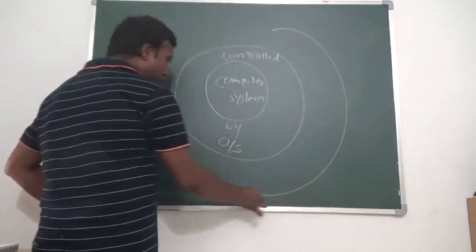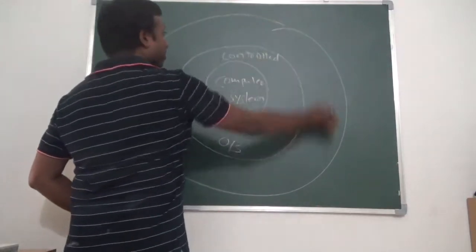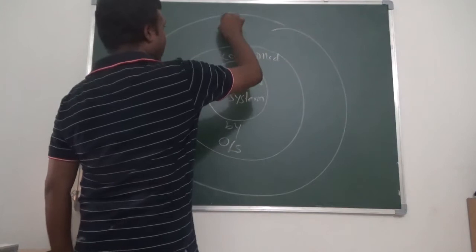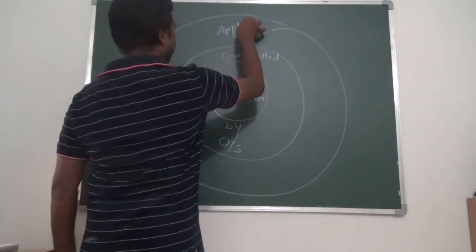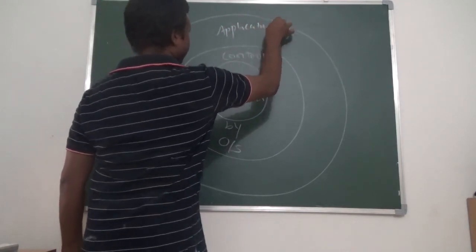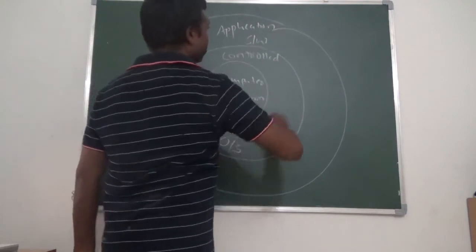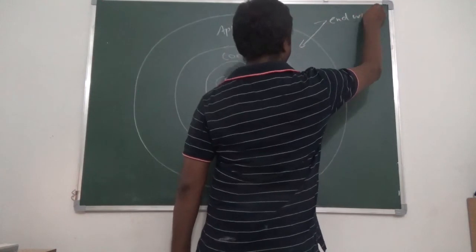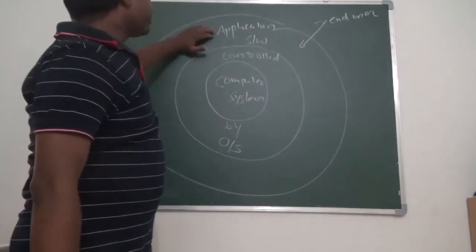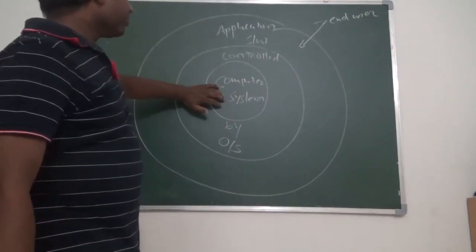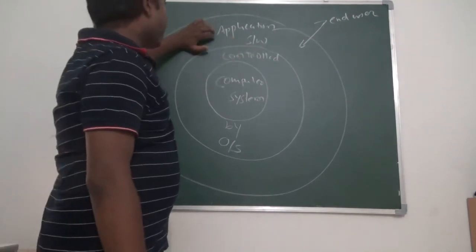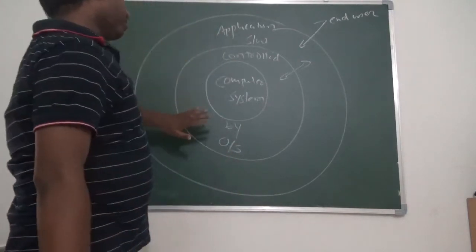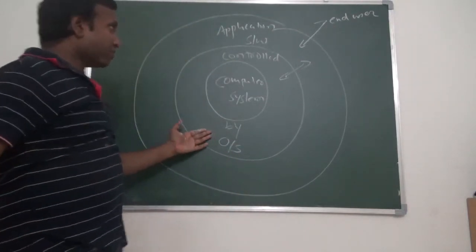So on the top of this, we have application software through which the end user is interacting to the computer system. End user is using application software. The application software is communicating with the operating system.